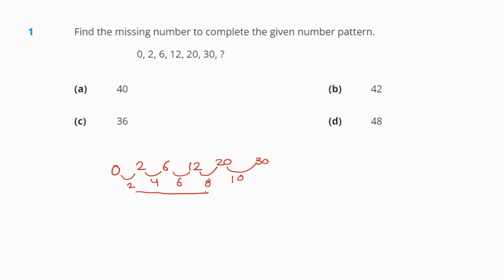So if we see this, these are all multiples of 2. So the next difference will be 12. So 30 plus 12 gives us 42. So the answer B is the correct answer.